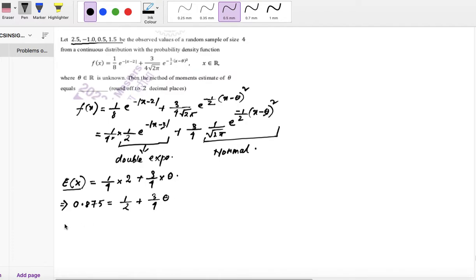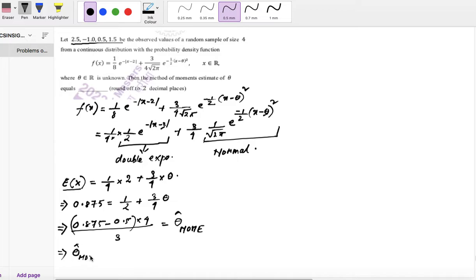Now 0.875 minus 0.5, into 4, whole divided by 3, is equal to theta cap, the method of moments estimator.